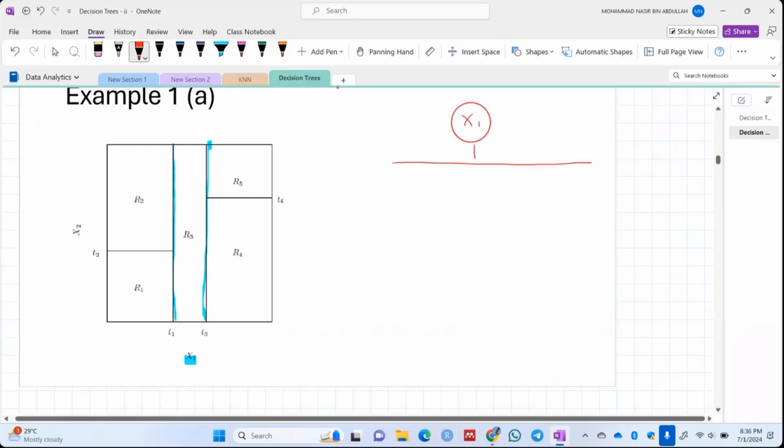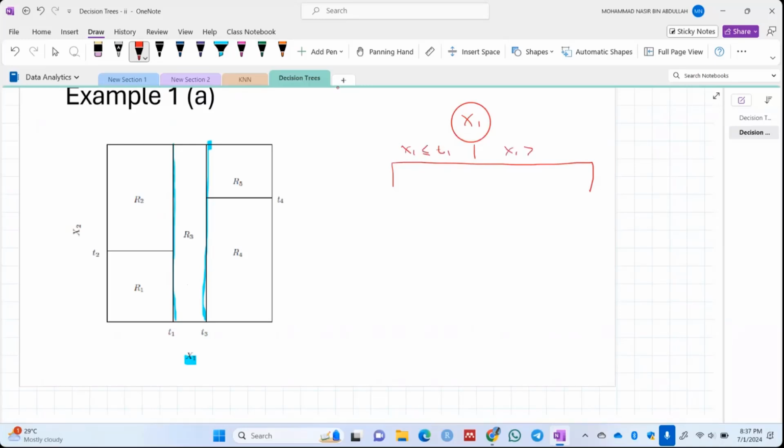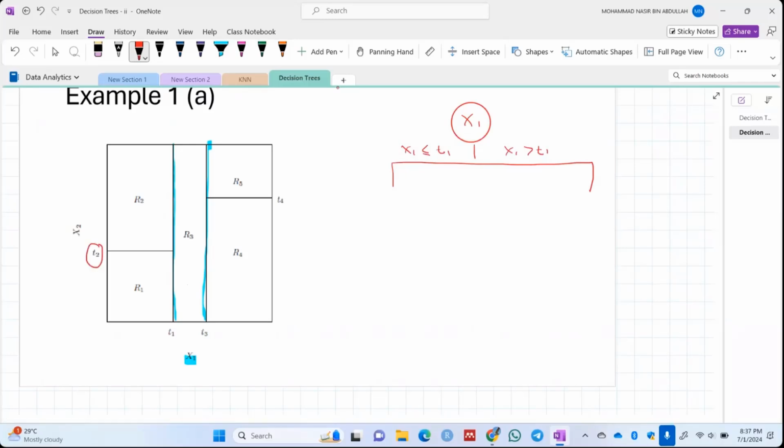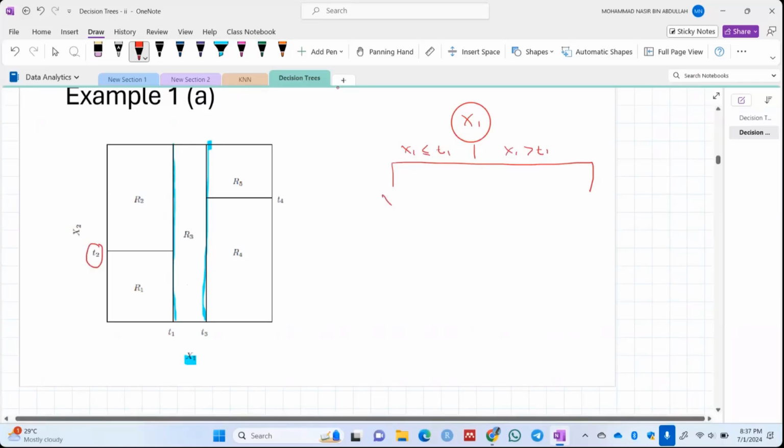This is X1 less than T1, X1 more than T1. For X1 less than T1, we can separate the region into two parts based on X2 equal to T2.